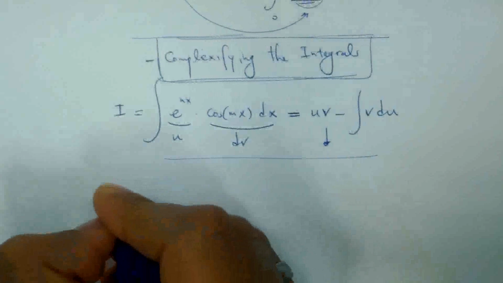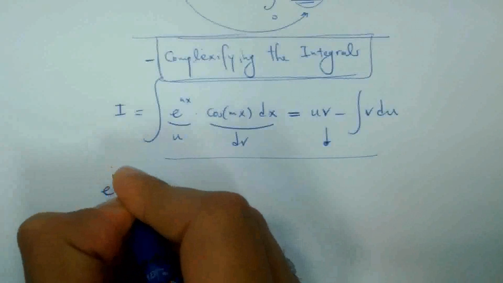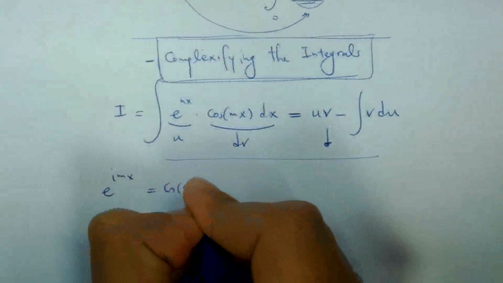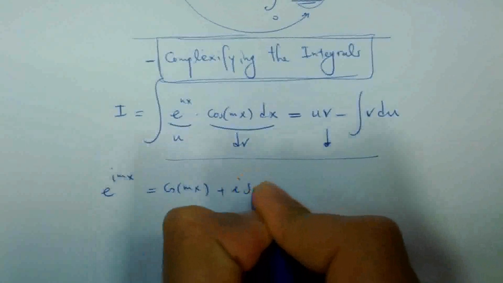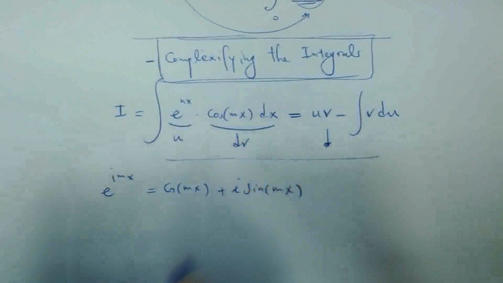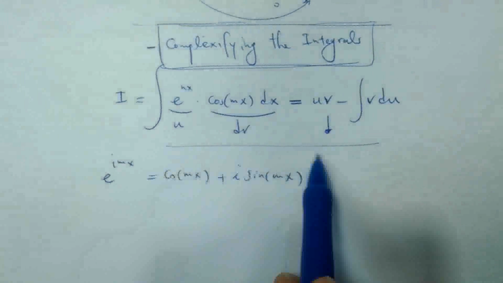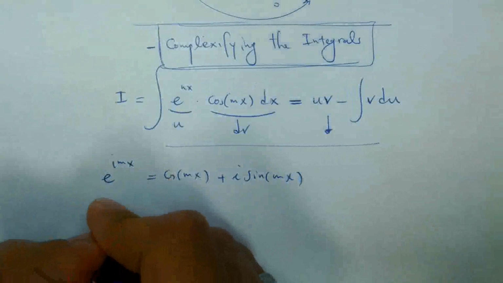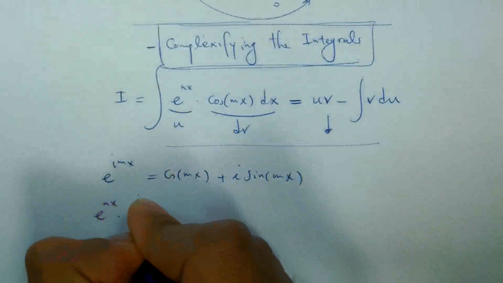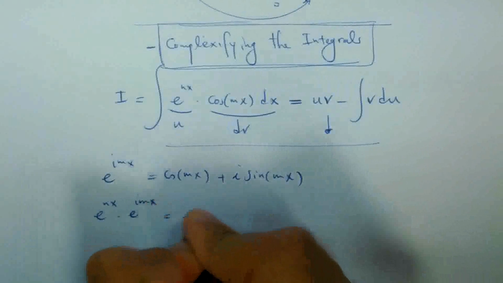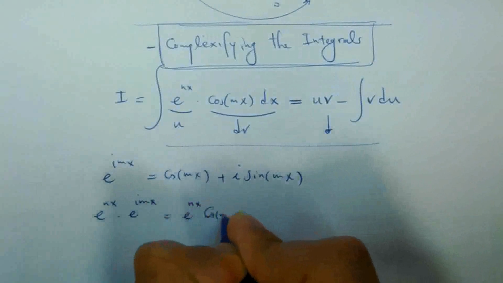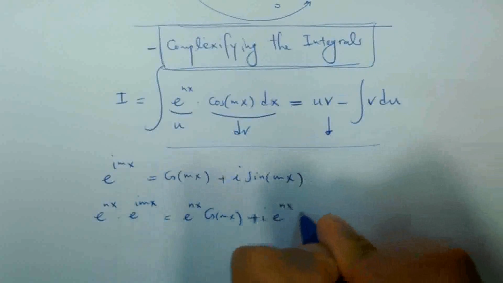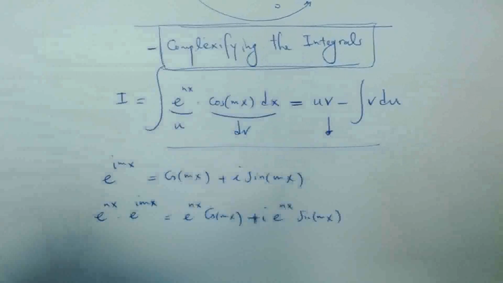I know that e to imx is equal to cosine of mx plus i sine mx. If I multiply both sides of this equation by e to nx, I get e to nx cosine mx plus i e to nx sine of mx.